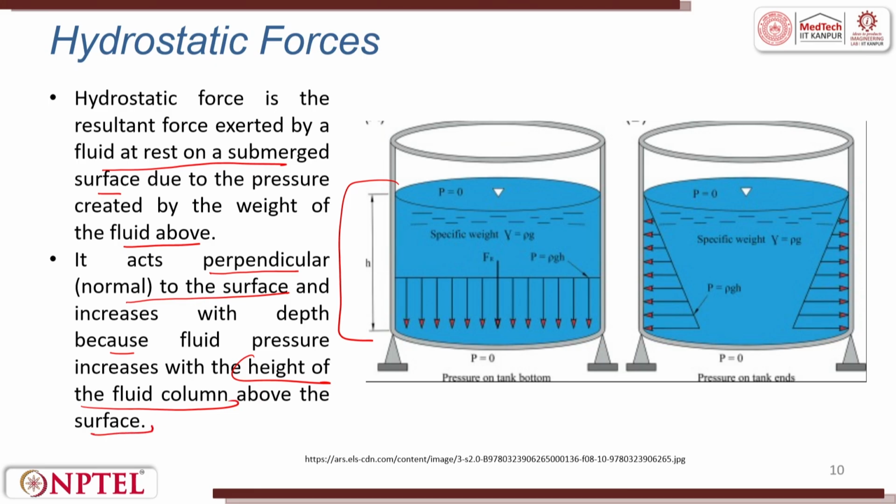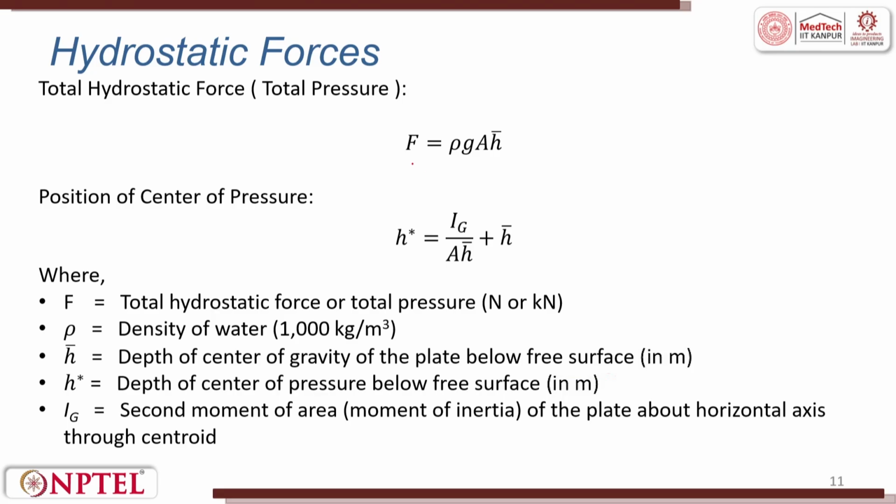So it is very important to understand hydrostatic forces. What is total hydrostatic force? That is a function of rho G A H. That relations also I have put here. F is equal to rho G A into H bar, where you can see rho is density of water. When I am talking about hydrostatic forces and I am talking of water, rho is density of water proportional to density of the water or density of the fluid, which is of interest.